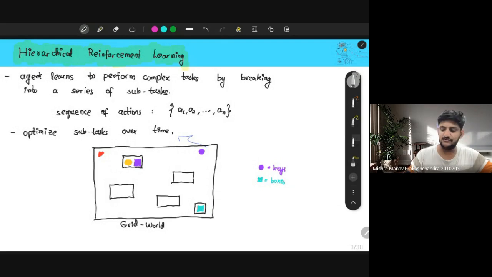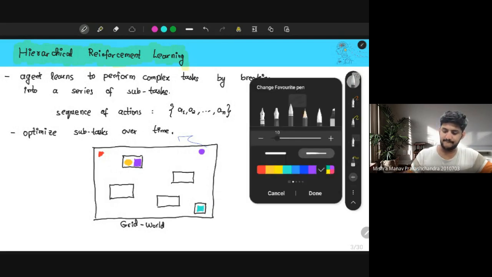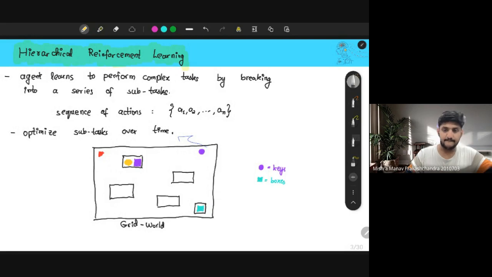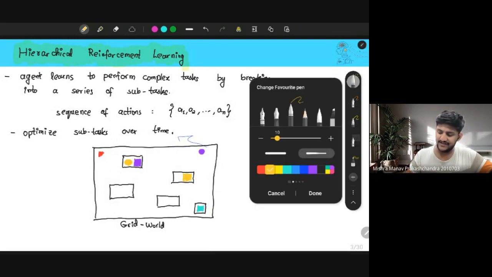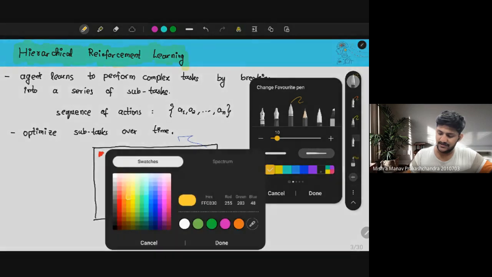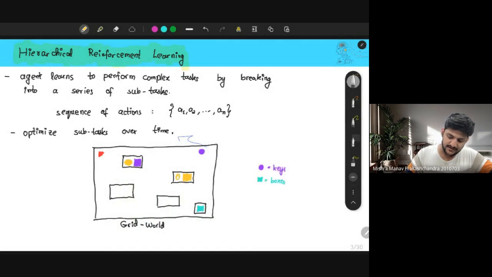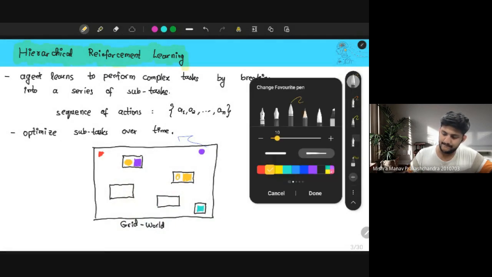Maybe we make it slightly more complicated. From here, the agent goes here, opens another box of this particular color and finds, maybe, what color is left? Pink.